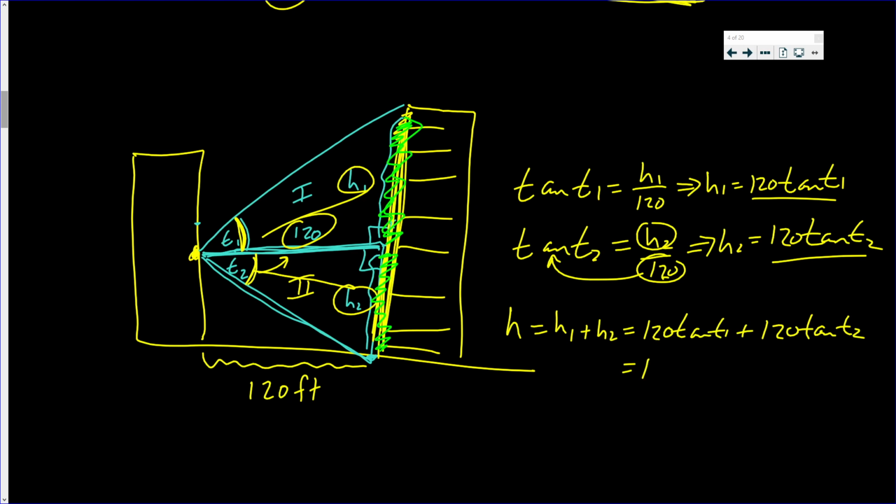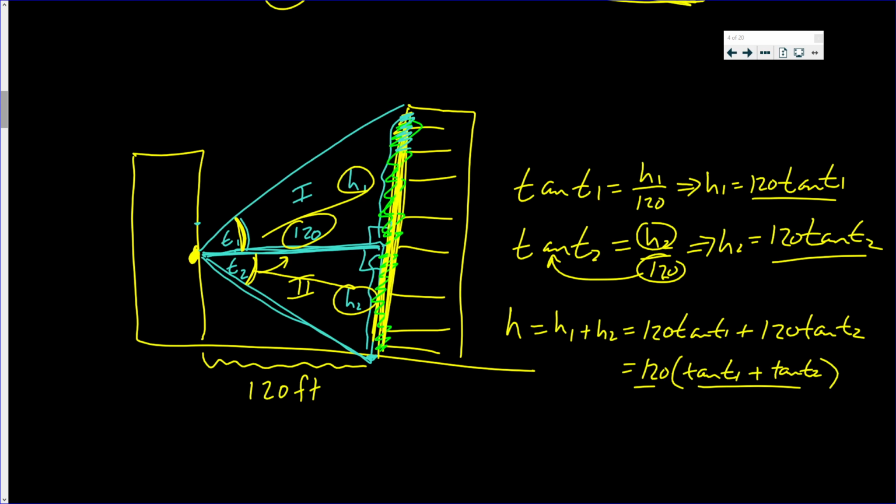I mean, if you like, you can factor out the 120, and it's the tangent of one angle plus the tangent of the other angle times 120. But we can find the height of this building if we are in that building and not even on the ground floor. Okay, we do it in two halves.